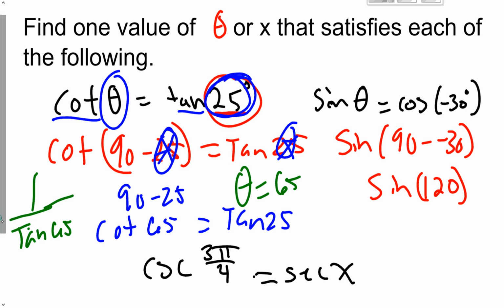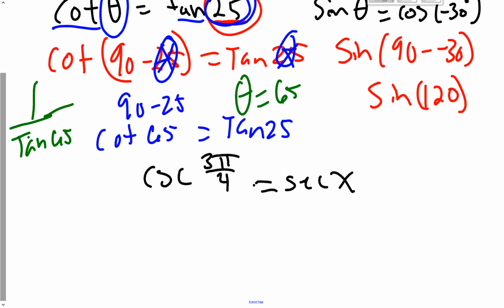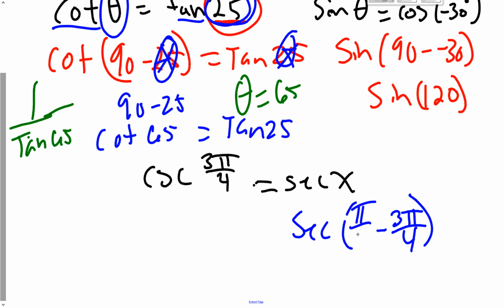Okay. Here, the last one, we're looking at cosecant and secant. So secant of 90 minus the angle that we're given, but here we're in radians. So if you want to, you could change this 3/4 pi into degrees, or you can just switch the 90 to radians, which is pi halves.